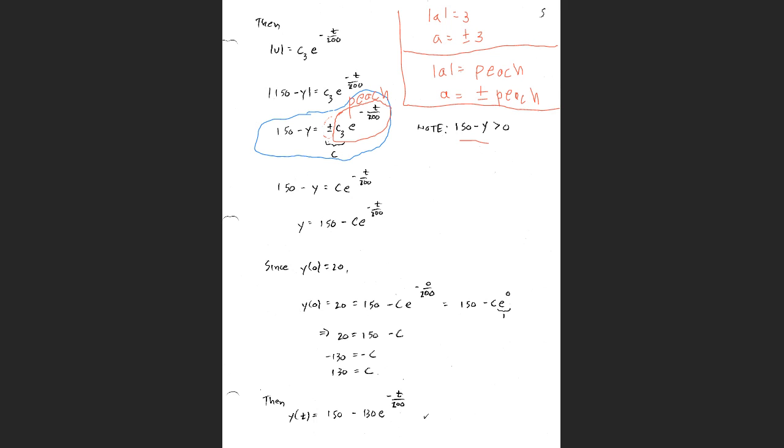And the absolute value of 150 minus y, well, the 150 minus y, that's like my A. I'm taking the absolute value of A, and here's my peach here.